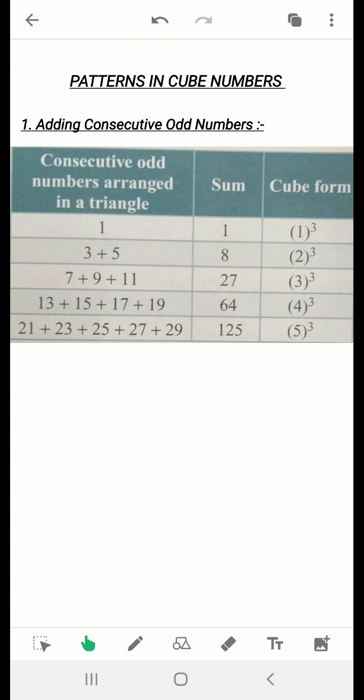If we take the next four odd numbers, 13 plus 15 plus 17 plus 19, we get 64, which is 4 cube. Similarly, if we take the next 5 odd numbers, 21 plus 23 plus 25 plus 27 plus 29, it will be 125, and it is the cube of 5.